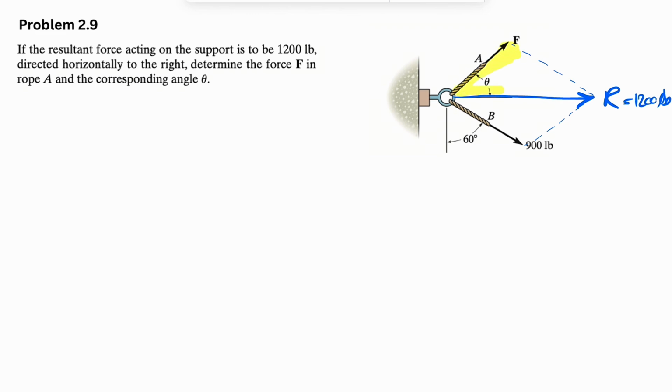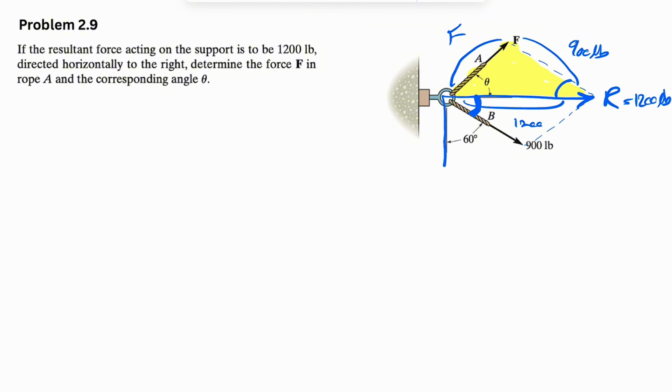We can consider this triangle, and the first thing that's missing is the F, and we can use the law of cosines in order to find the F. We have this triangle where this side is 1,200, this side is 900 pounds, and this side is the F that is missing. So for finding the F, we need this angle right here, which is the same as this angle here.